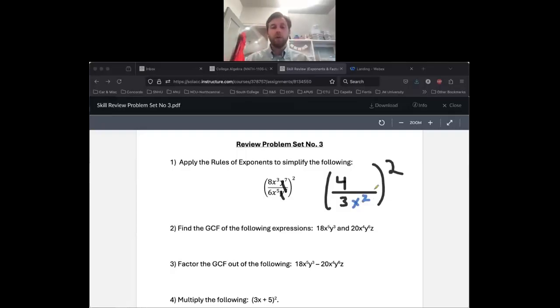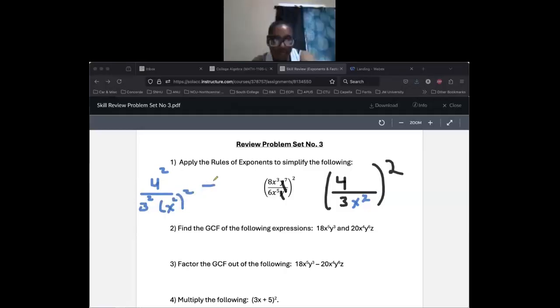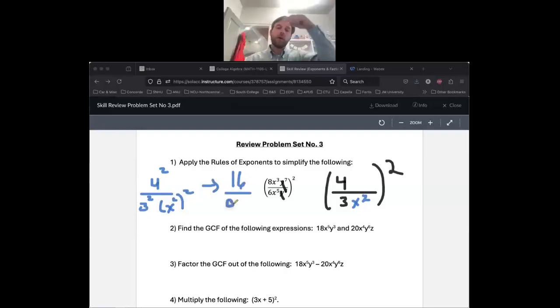So now we have 4 over 3x squared, and we give everything its own exponent of 2, so it becomes 4 squared, 3 squared, and then x squared squared. That gives us 16 over 9, and then x squared squared, remember we apply the power rule to multiply those two exponents.